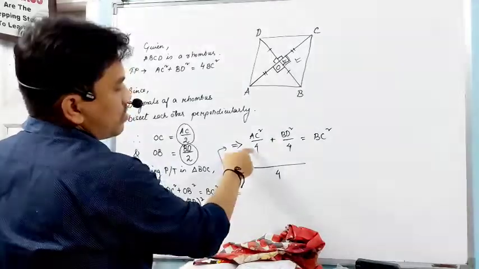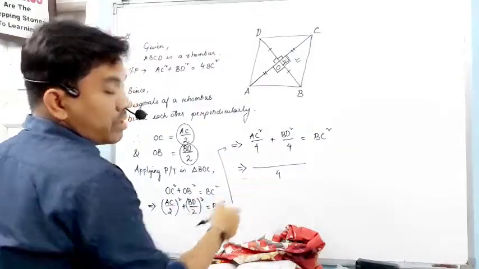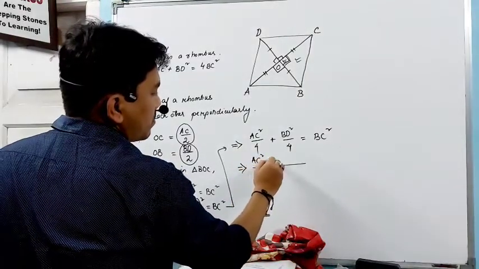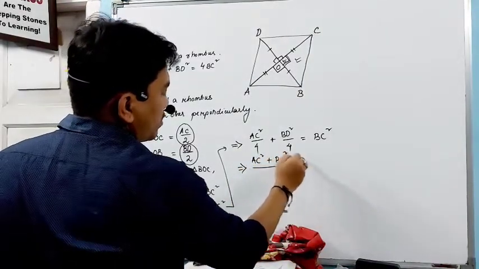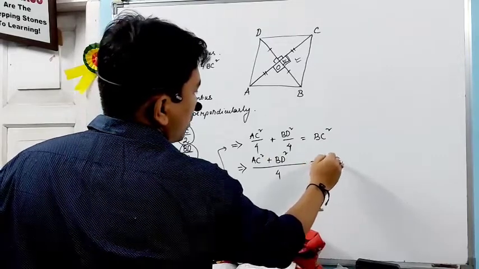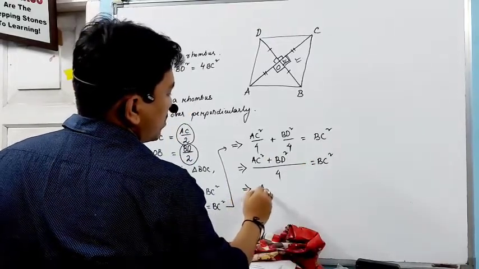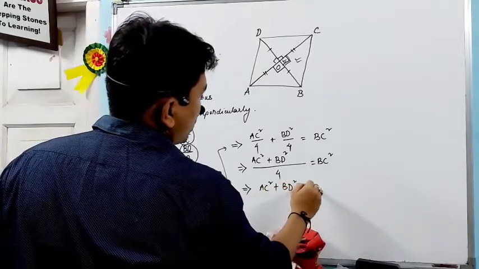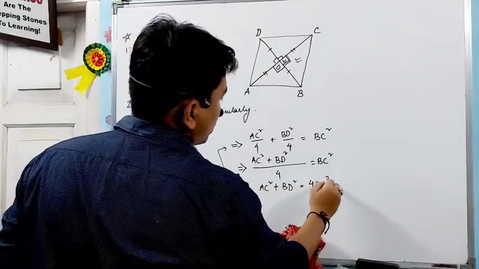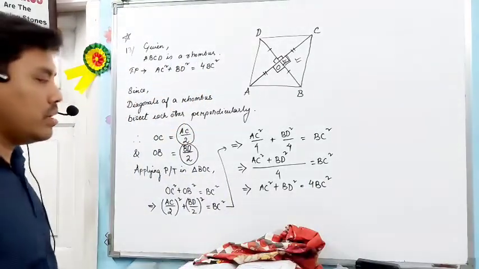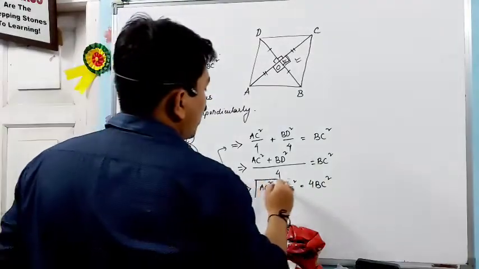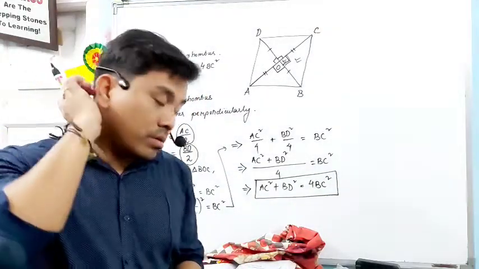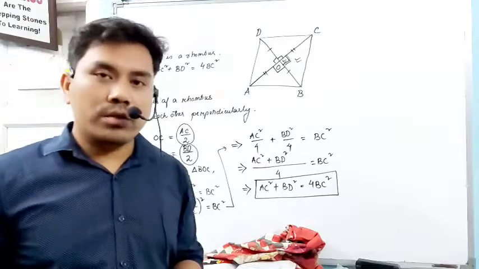Since the denominators of the fractions are the same, the numerators will be written in this way, equal to BC square. And finally we got AC square plus BD square equal to 4 BC square. Is that clear? So this is what we were asked to prove. Okay? Understood? Alright. So now we'll be doing the next question.